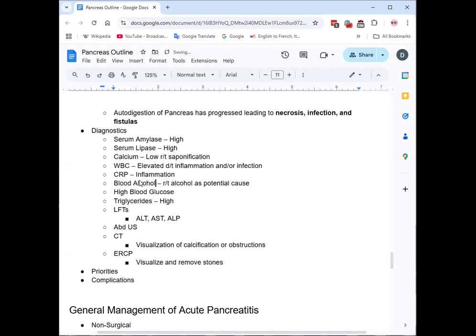Blood alcohol. Yeah, blood alcohol level or blood alcohol concentration. I'll just call it blood alcohol. I think that's pretty much everything. If I had to say the key labs, it's definitely going to be these two here. That's probably an important thing to keep in mind.